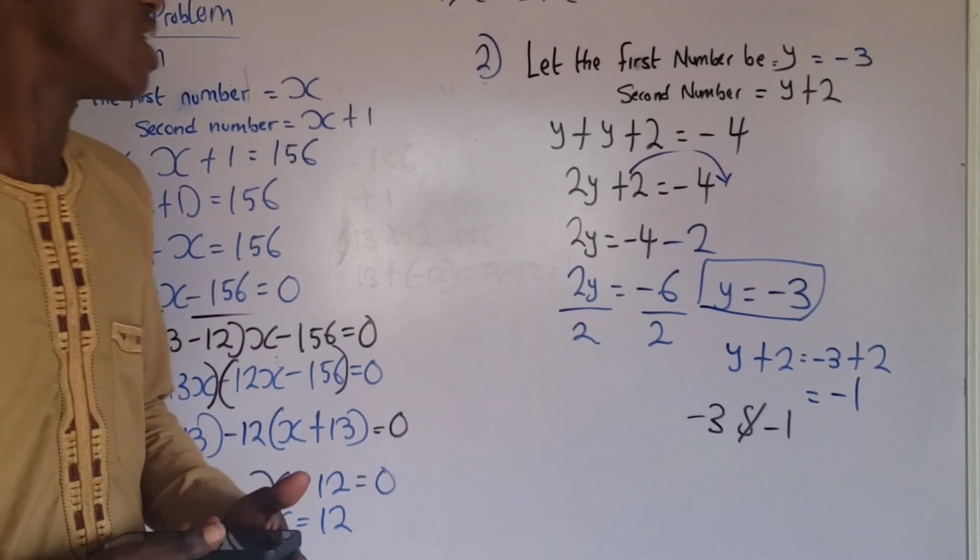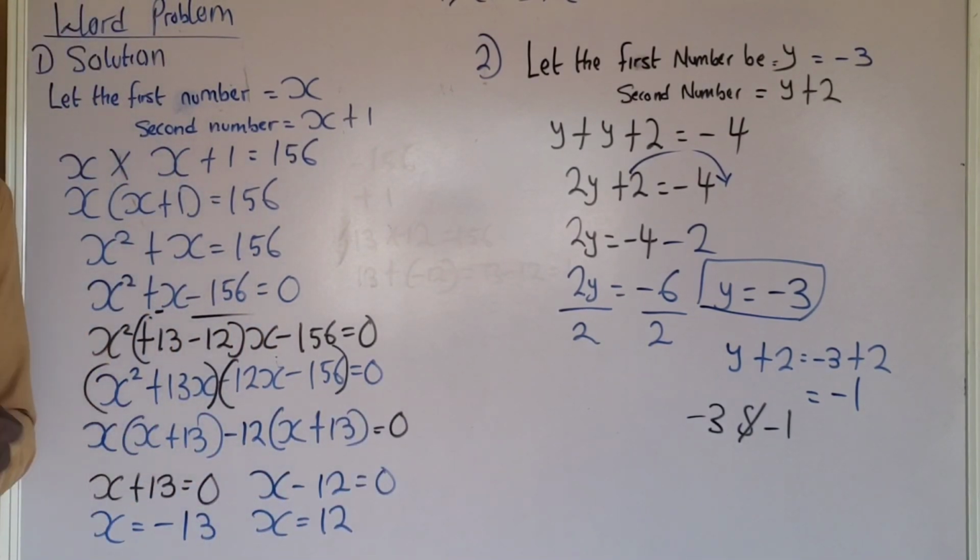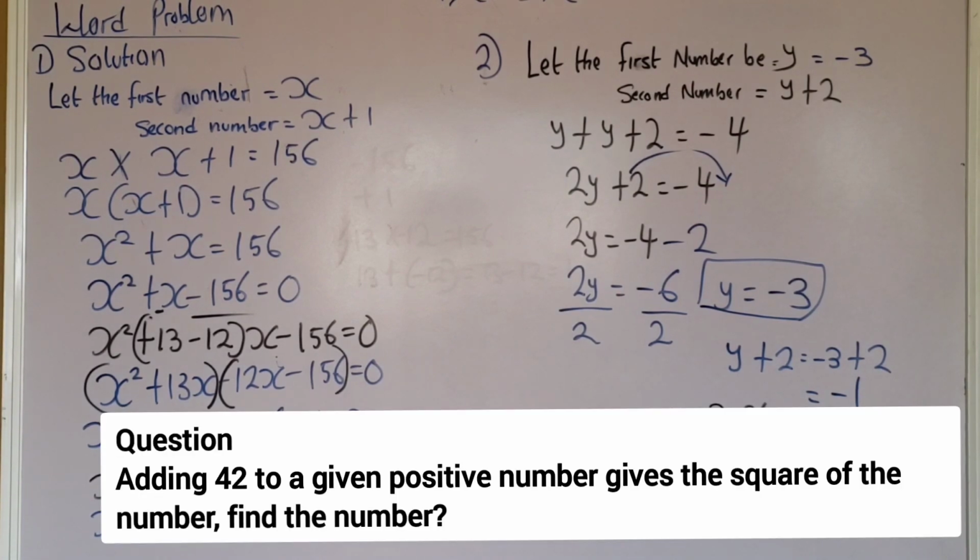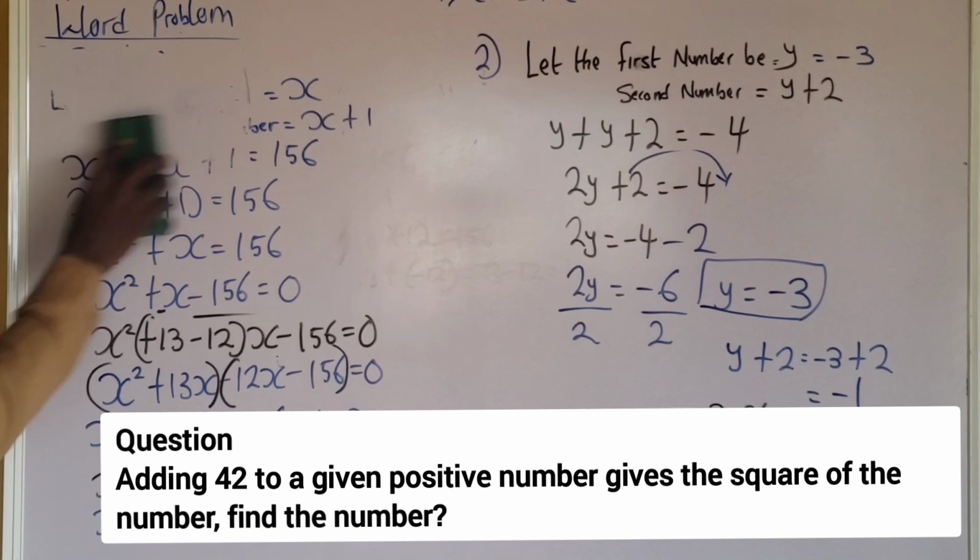Okay, so let's have the third worked example. Adding 42 to a given positive number gives the same result as squaring the number. Find the number.